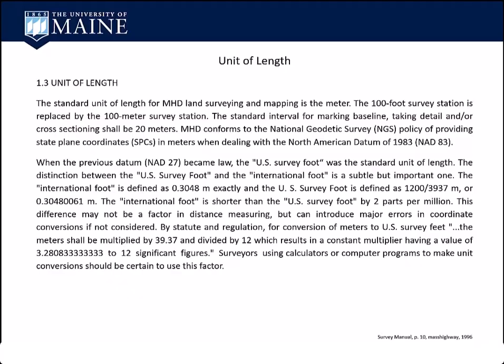I must have bought $2,000 worth of metric equipment, rods, prism poles, tapes, wood rules, everything. We weren't going to convert anything. Mass Highway wanted us in metric, and we just bought metric tools, and it lasted about 3 years, and then they just gave up.